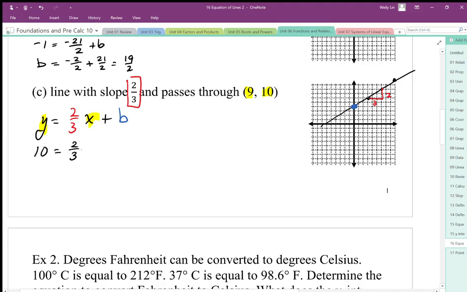So 2 over 3 times 9 plus my leftover b value. Well, 9 times 2 divided by 3 is 6. So I end up with 10 is equal to 6 plus b. I can solve for b.